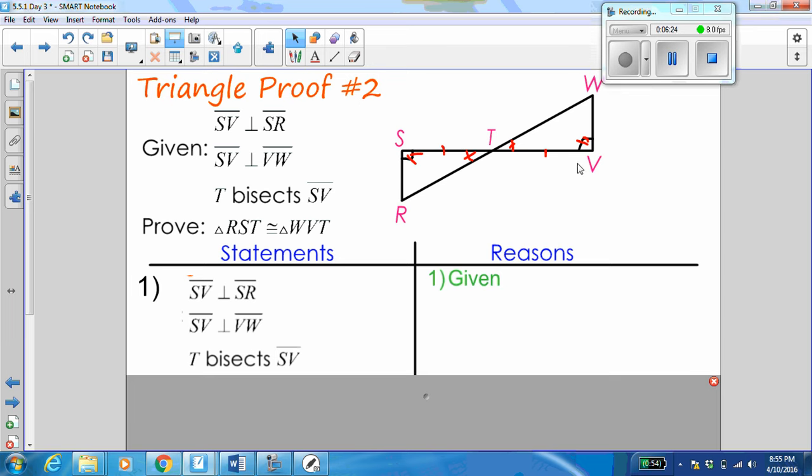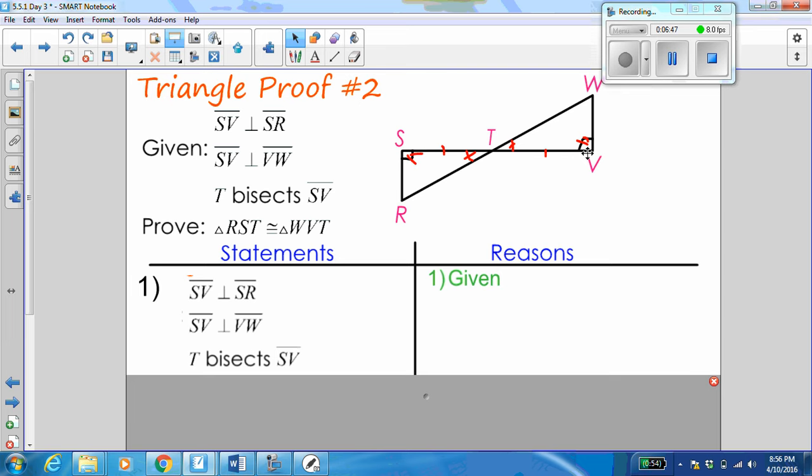So we're going to have a bunch of steps here to get this all down, and the order of which we do it doesn't matter too much. I'm just going to start from the top down. The fact that line segment SV is perpendicular to line segment SR means that I have a right angle right there at angle S. Same thing here.